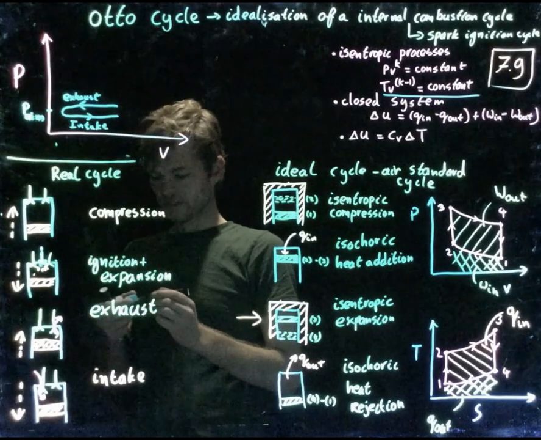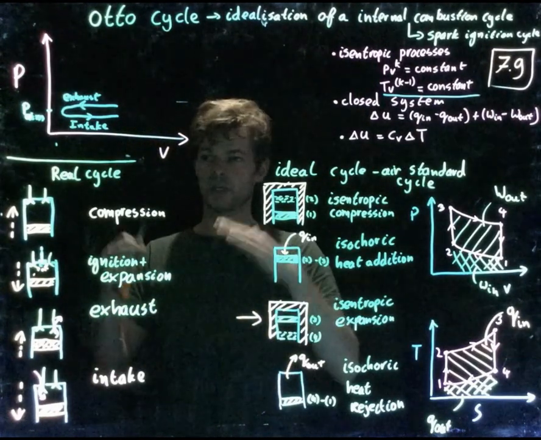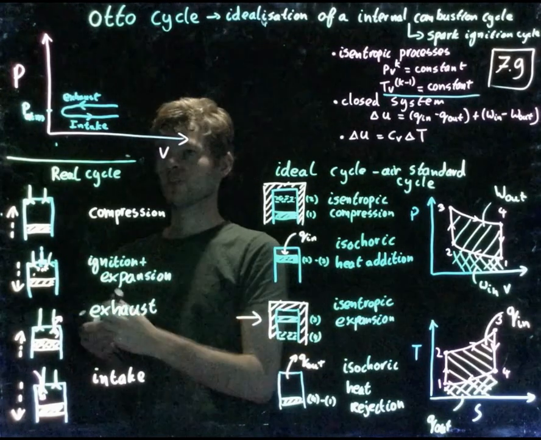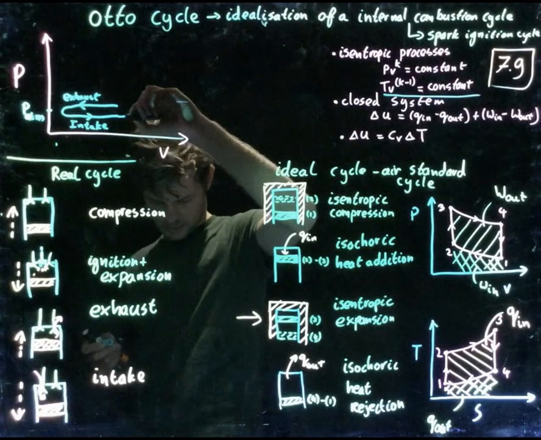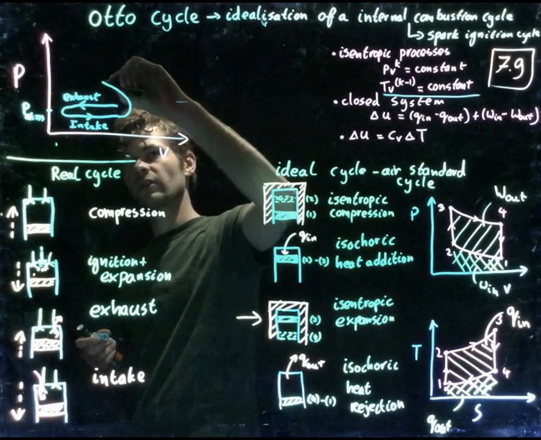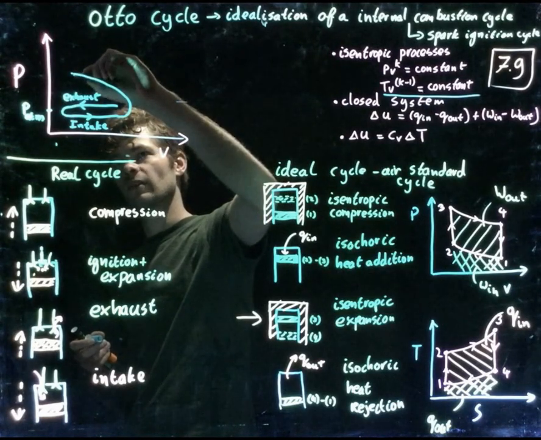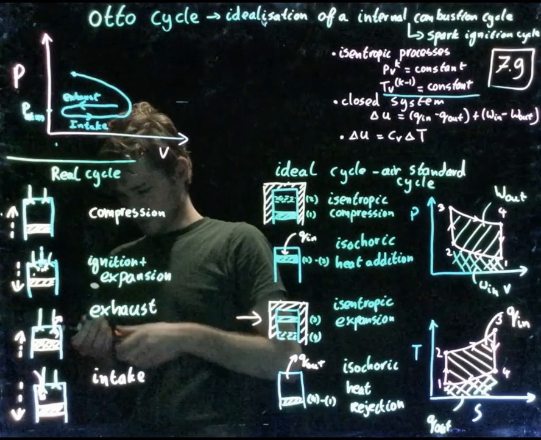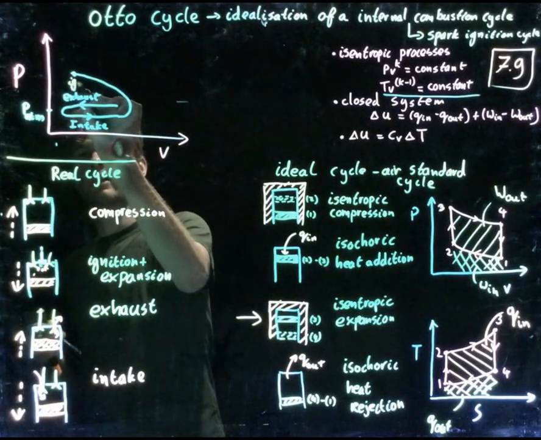And from the intake stroke we're really going to increase pressure. Both valves will be closed and we're going to push the piston upwards, and it will look like this. We're increasing pressure, decreasing volume, and at a certain point, that's about here, we'll have ignition.